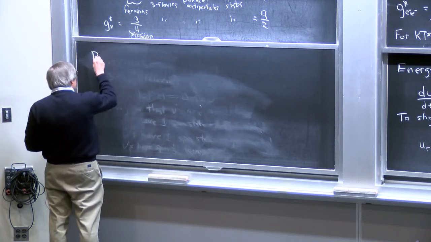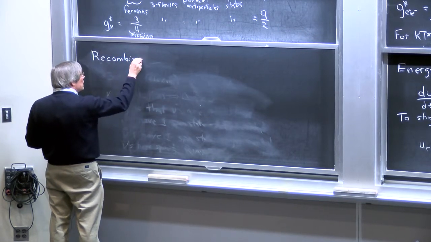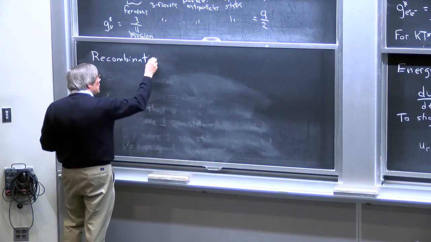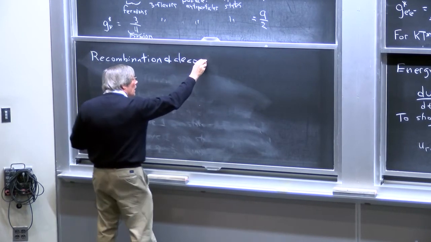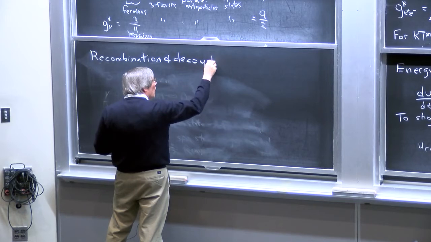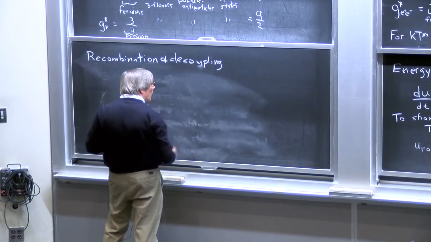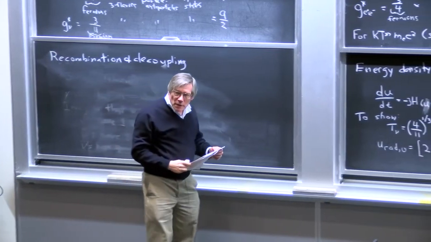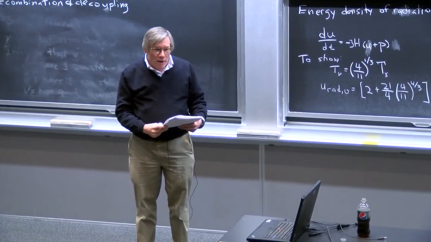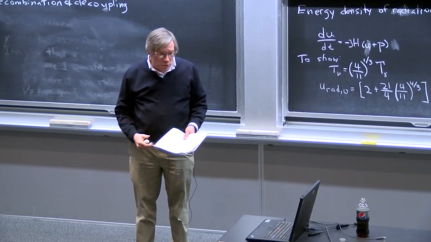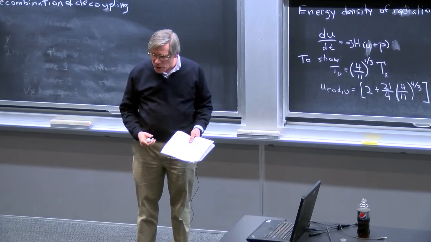Okay, the next item we want to talk about, following the history of the early universe, is recombination and decoupling. Until the temperature fell to about 4,000 Kelvin, the hydrogen in the universe was ionized. The universe was mostly hydrogen, about 20% helium and the rest hydrogen.